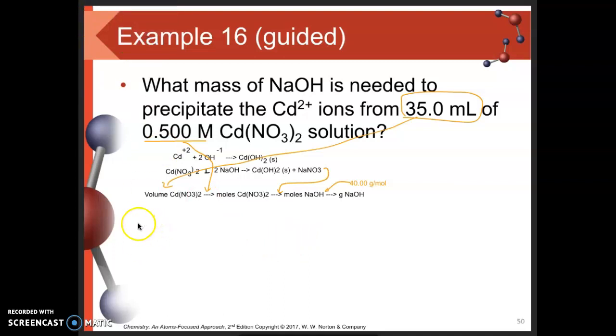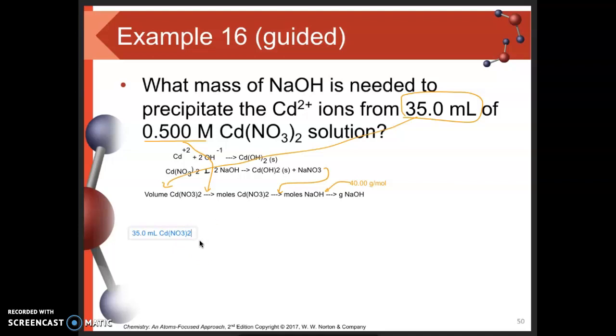So my first step is I've got 35 milliliters of cadmium nitrate. Now, a couple of ways that you can go about doing this. I tend to prefer just to do the straightforward approach.